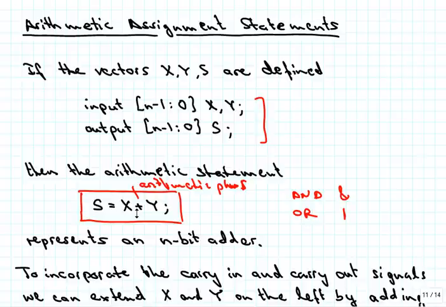So this expression here represents an n-bit adder, and Verilog knows that it's going to be an n-bit adder because we have specified the inputs and the outputs as being n-bit quantities.